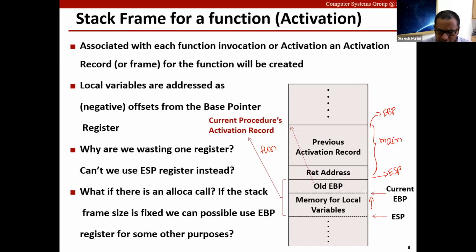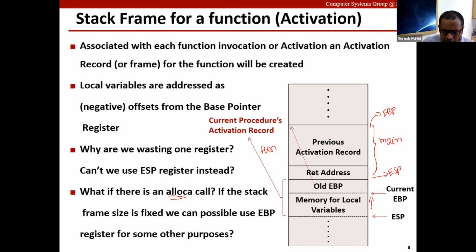But the problem is, for example, if you try to allocate memory on the stack dynamically using function calls such as alloca, just like malloc, alloca allocates memory dynamically, but instead of allocating memory from the heap, it allocates memory from the stack. When we allocate memory from the heap, if you don't free it, you may end up in a memory leak situation.